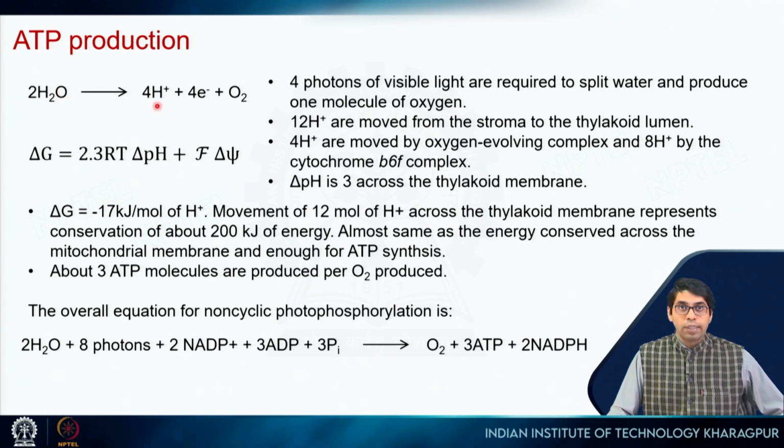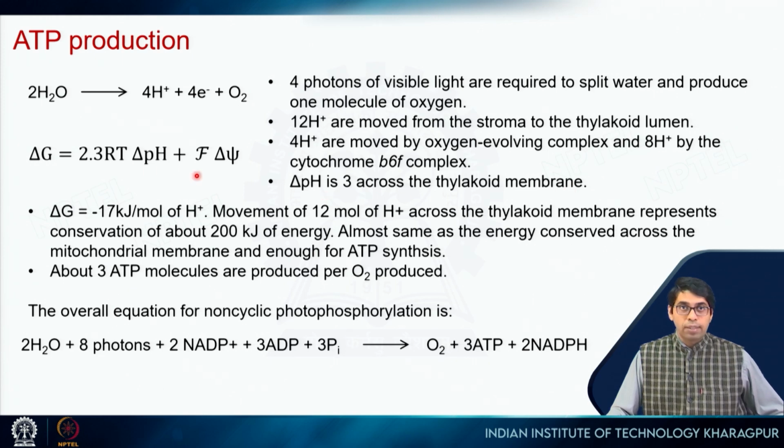which is this reaction. When these protons are transferred, a proton gradient is created. On one end the proton concentration is 3 times more than the other end, which means that delta pH is 3 across the thylakoid membrane.